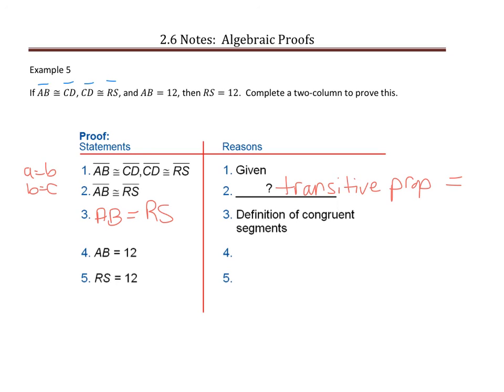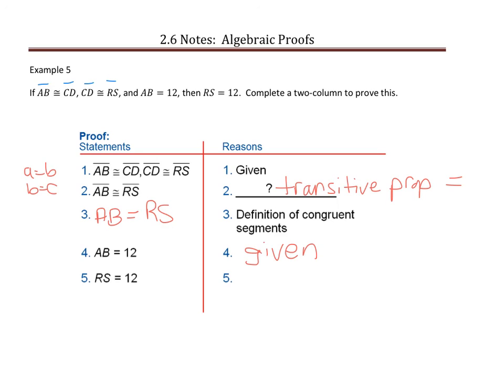Now how do we go from AB equal to RS to AB equal to 12? Well, we were told right up here that AB equals 12. So don't overthink it. That was part of the given. Even though we didn't write that up at the top, that's still part of the given. So AB equals 12.